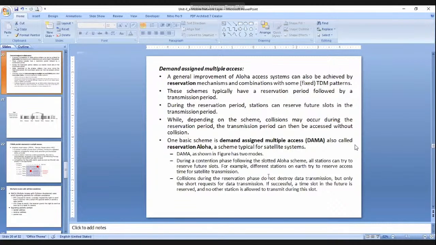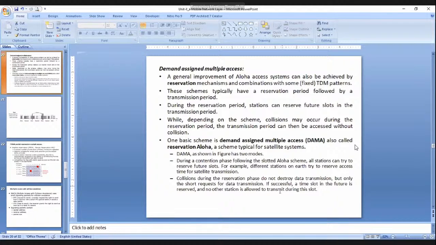You apply slotted Aloha with reservation of future slots for the stations. According to their availability, they would reserve a particular time slot. So when you are transmitting the actual data, there is no chance of data destruction, that is, no chance of collision.